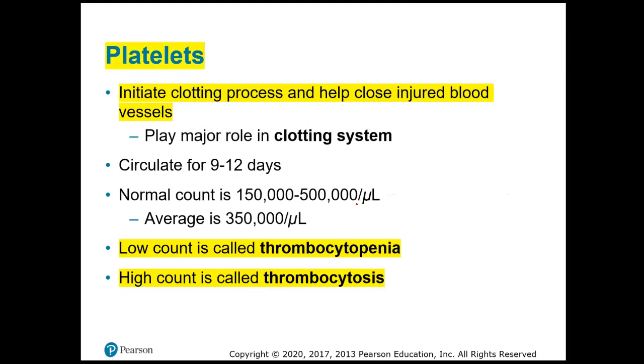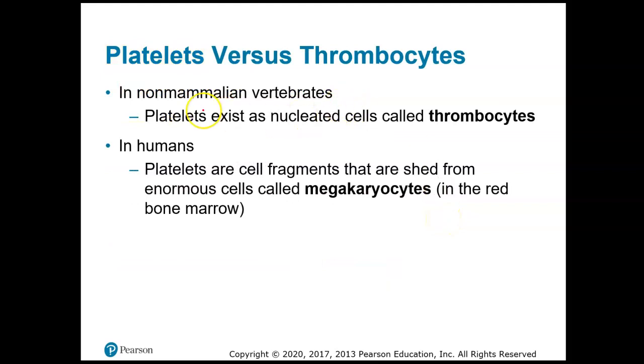Okay, platelets. A lot of the medical terms that involve platelets or blood clotting or blood clots use the word part thrombo. I actually just learned this today, and this is news to me. I've always called platelets thrombocytes. But technically, thrombocytes are platelets that you find in vertebrates that are not mammals, but in humans, we just call them platelets.